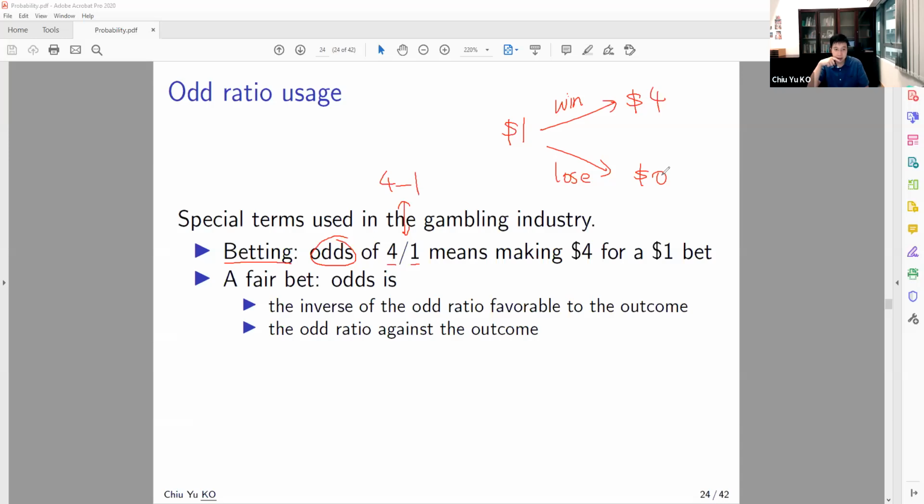And what is a fair bet? Fair bet means, this is what the casino gives you, right? You don't mind being the casino or the gambler. Fair means that either side you'll be fine. If you bet this in the long run, you expect your wealth doesn't change. If you keep betting and betting, there's no change in the wealth. So when would you call this fair?